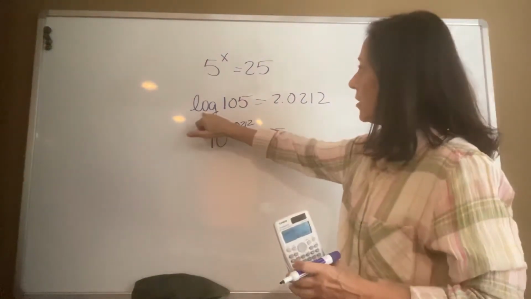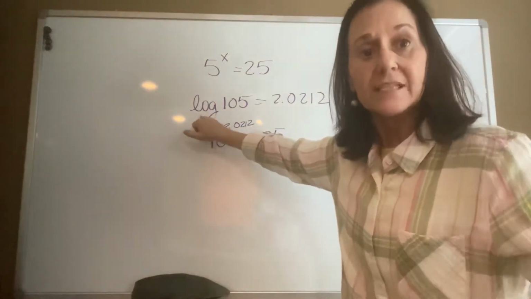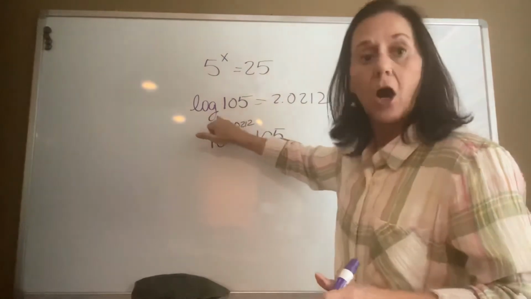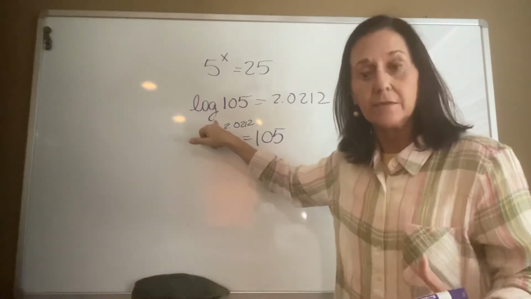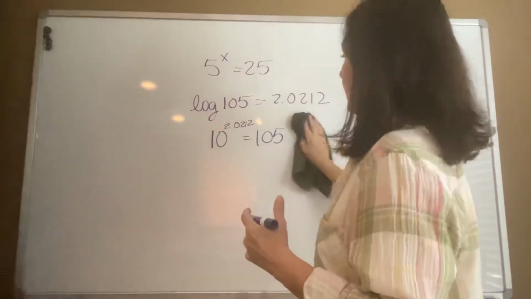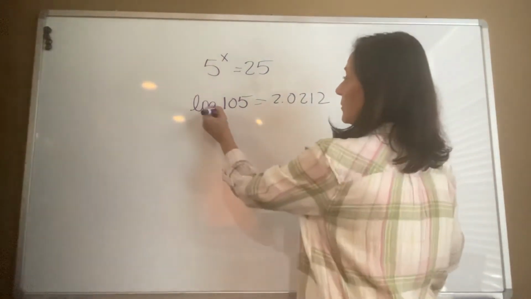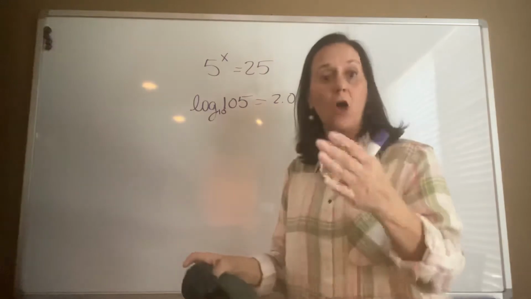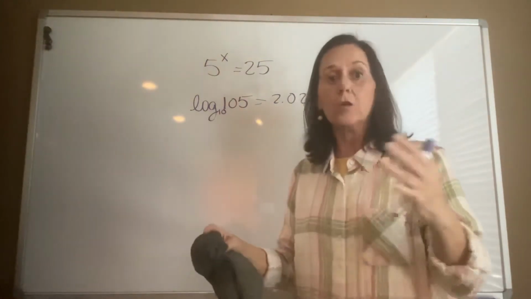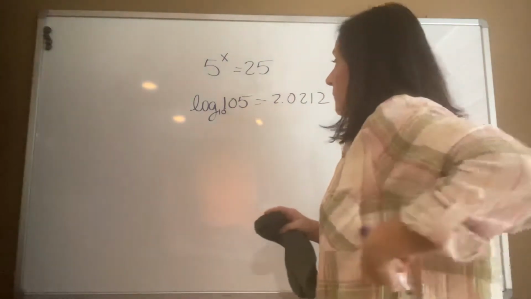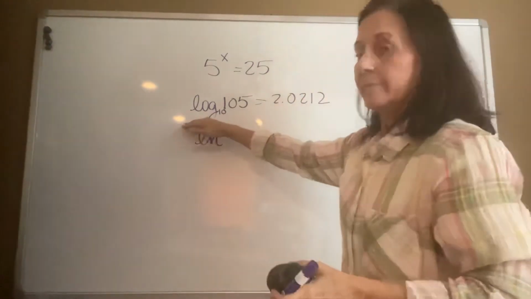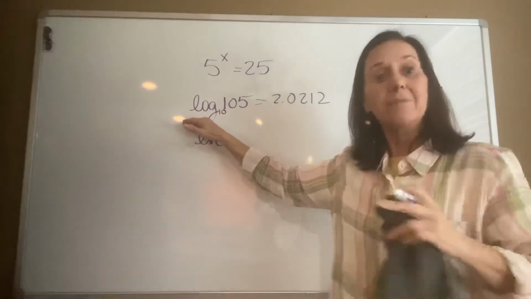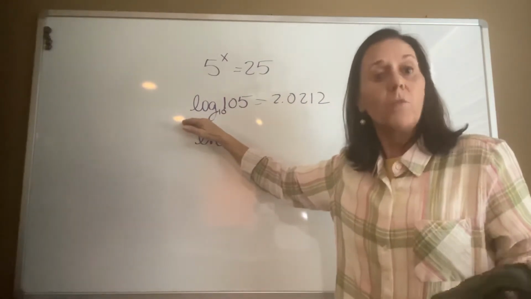For this kind of a log, we have a constant, a number as our base, okay? So the base here would be 10. It's always a number. It's going to be log base 10, log base 4, log base 5. But back up one second, with the log, it can be any constant other than 1, right?